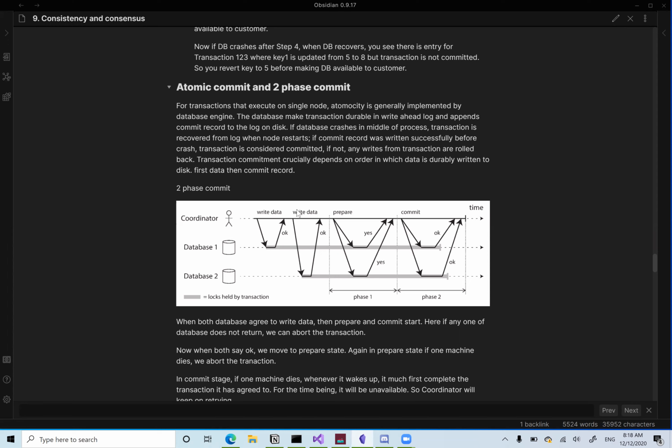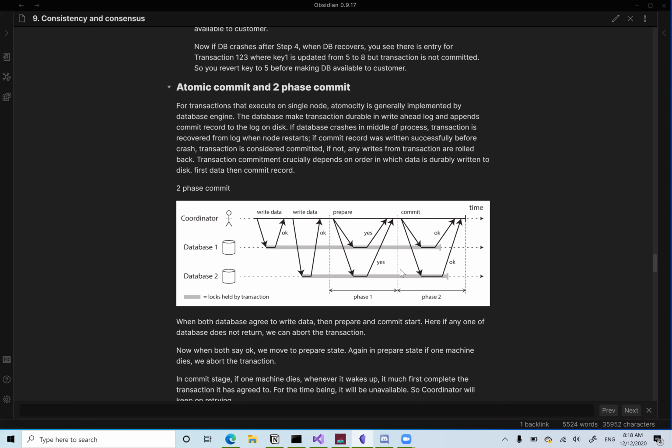So yeah, we can do that in two-phase commit also. Once this prepare gets a yes response from all the nodes, the coordinator will write in its log that the decision is to commit the value, and it can respond back to the client saying your value is committed, and then it can send the commit message to these nodes. It does not have to wait for the okay before responding to the client.